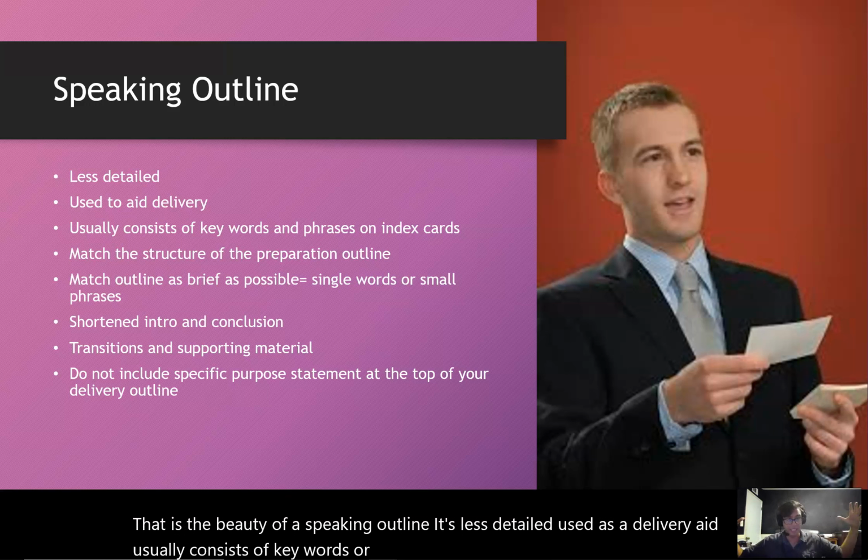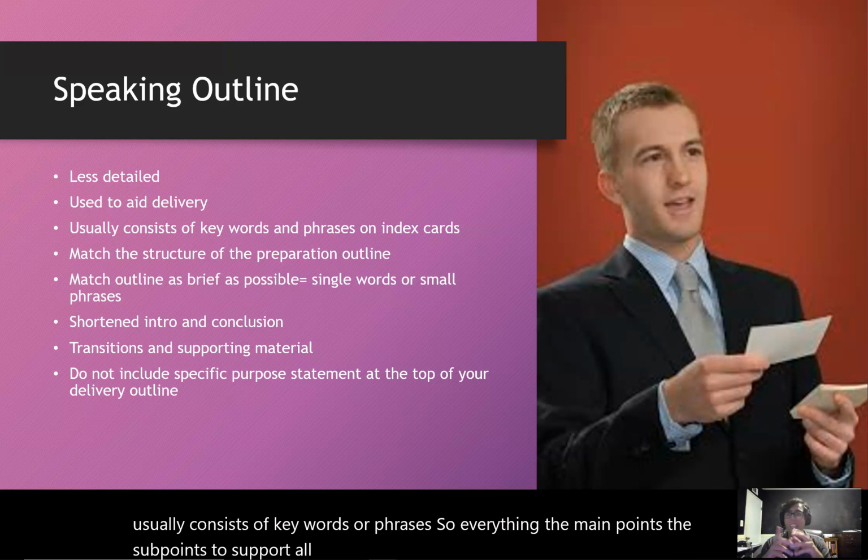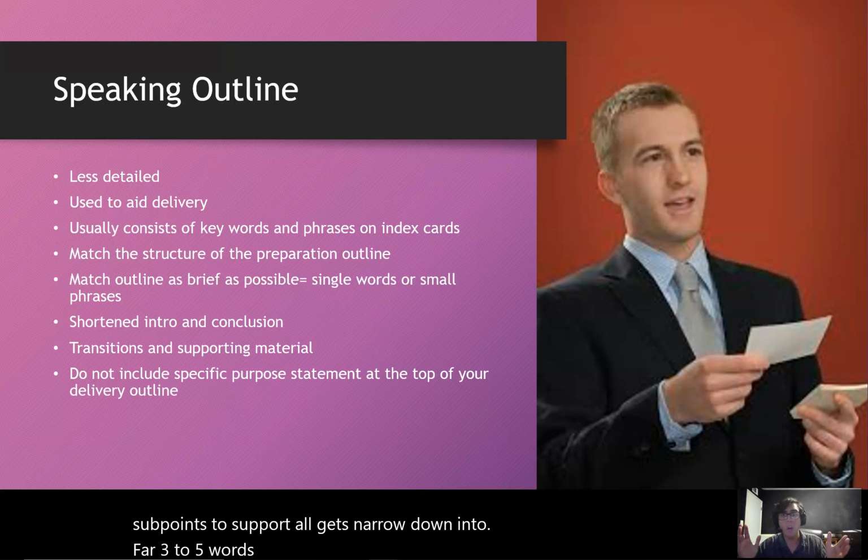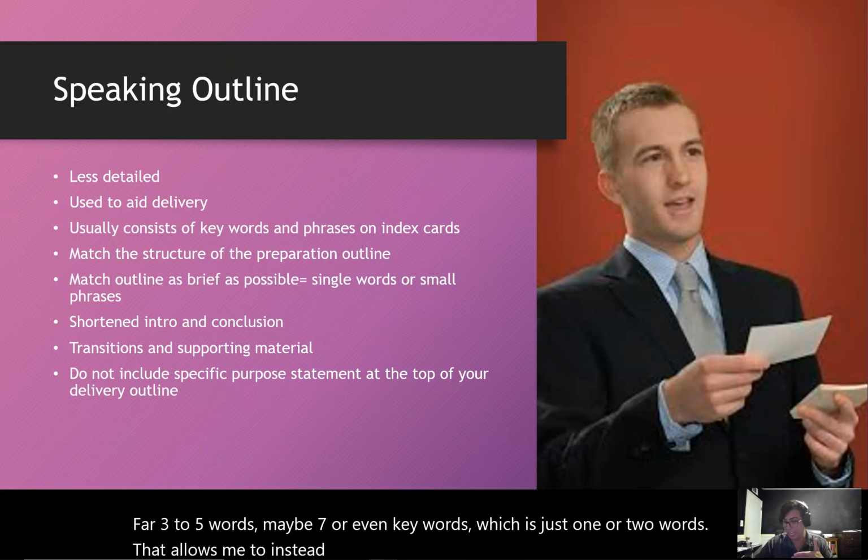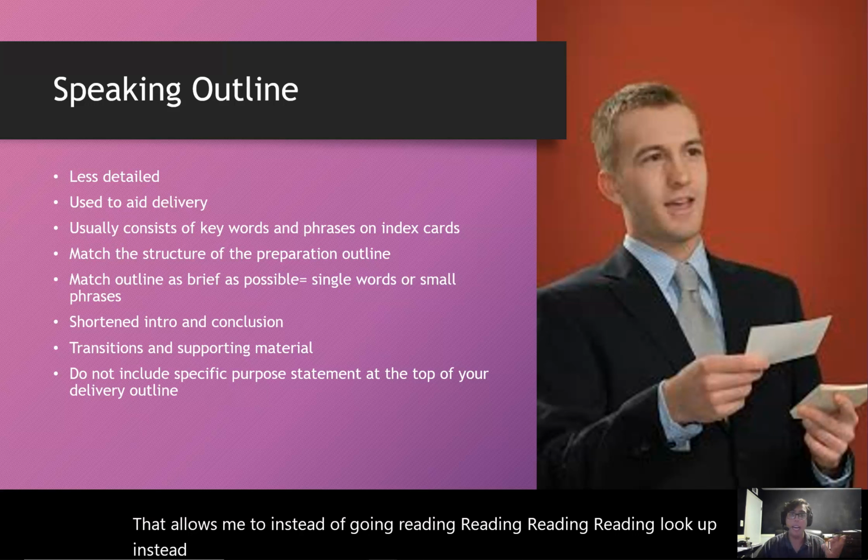So everything, the main points, the subpoints, the support, all gets narrowed down into 3 to 5 words, maybe 7, or even keywords, which is just 1 or 2 words. That allows me to, instead of reading, look up, and I already know what I'm talking about.